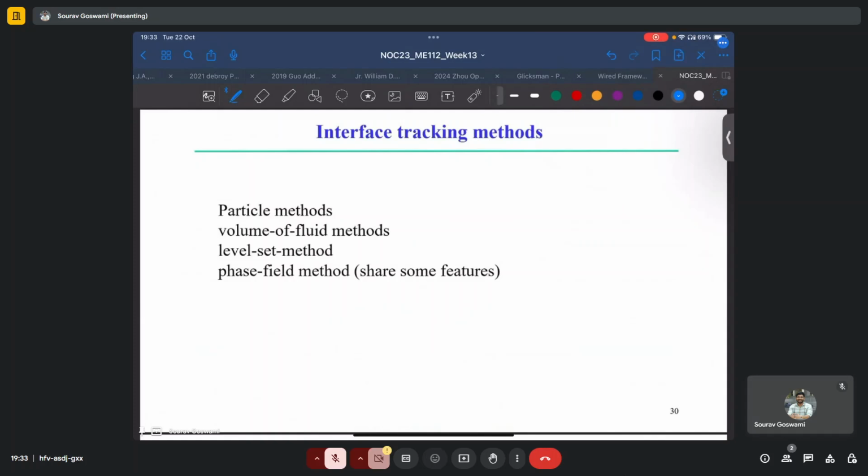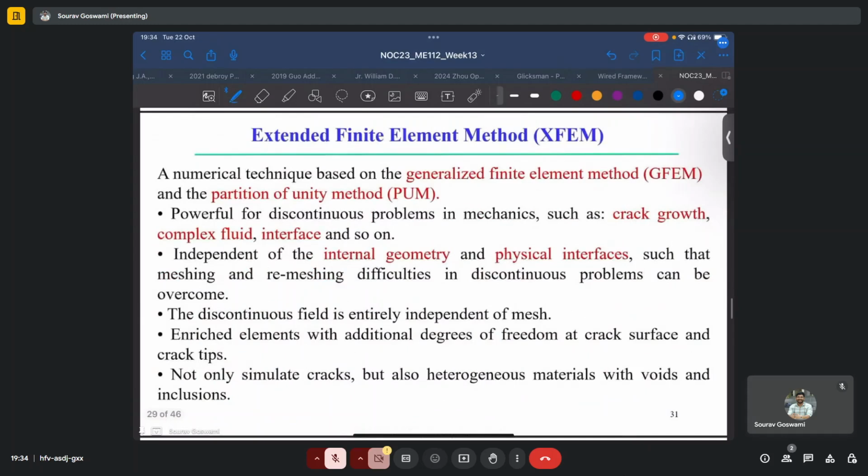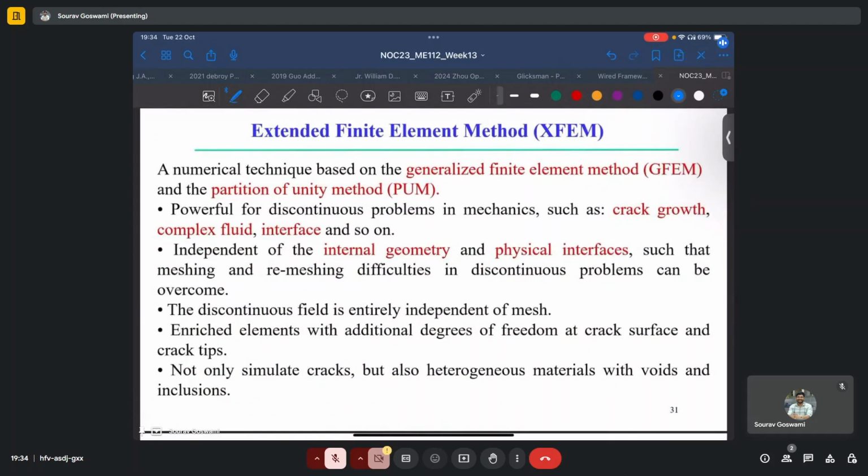Some of the well-studied interface tracking methods are reported here. Among them are the particle methods, volume of fluid methods, level set method, and phase field method. Another method which may find application in the modeling of additive manufacturing processes is the extended finite element method, or the XFEM. This is a numerical technique that derives from the generalized finite element method and the partition of unity method.